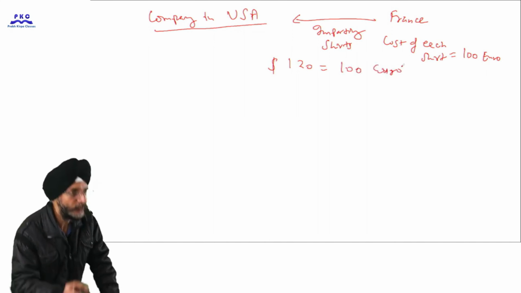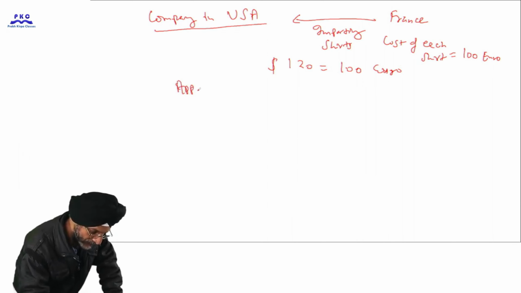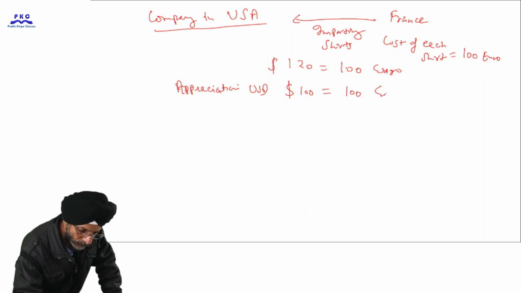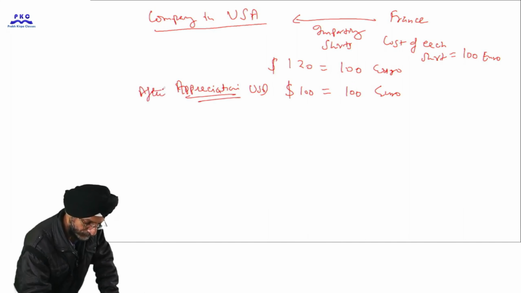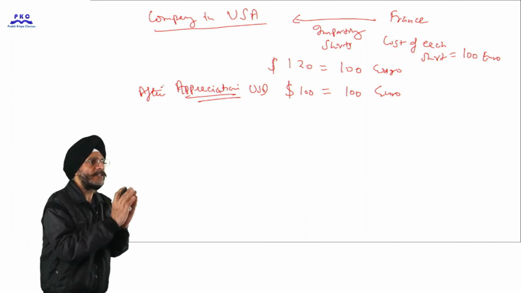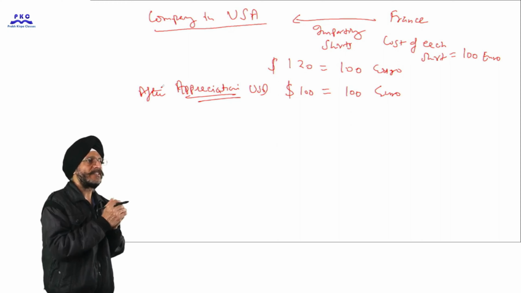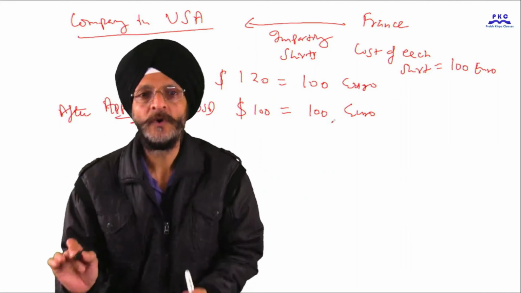Suppose there is appreciation in the currency of US dollar and 100 US dollars become equal to 100 euro after appreciation. Earlier $120 were equal to 100 euro, but the domestic currency of USA, that is US dollars, has appreciated. So 100 US dollars have become equal to 100 euro.